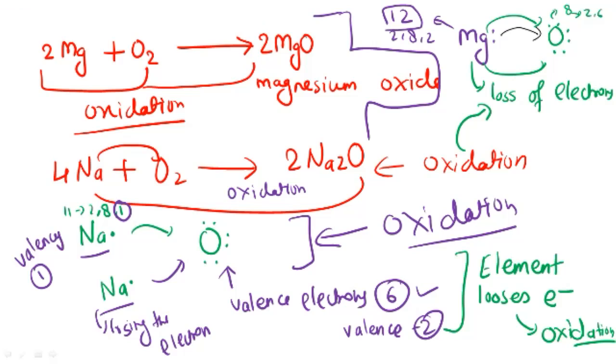Okay, now let's take a few more examples, and there we can understand what is happening. Let's take another example: copper oxide is reacting with hydrogen, and what is forming here, since you know that hydrogen is more reactive than copper.